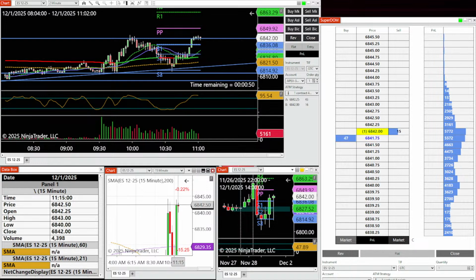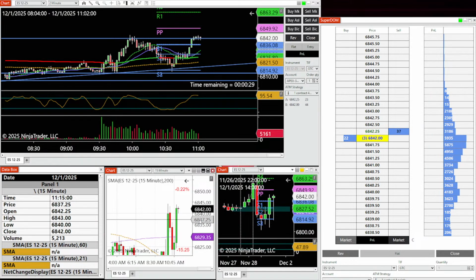The high here so far is 43. Are we going to get to the 49 or 50? Maybe on this bar or maybe not.